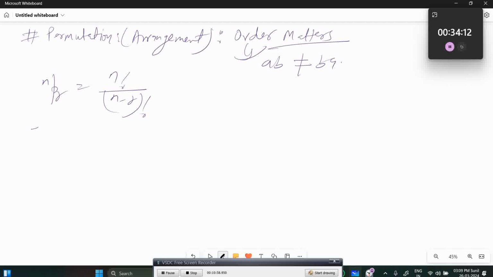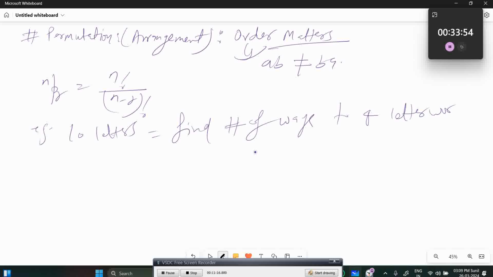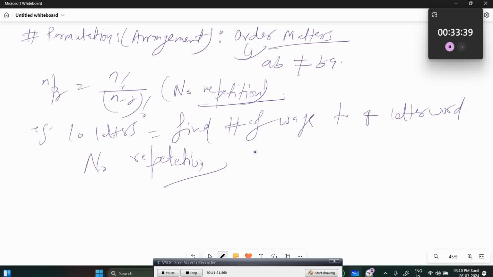All right. For example, there are 10 letters. Find the number of ways to make 4-letter words with no repetition. Actually, this formula is for no repetition. So we want to make a 4-letter word.